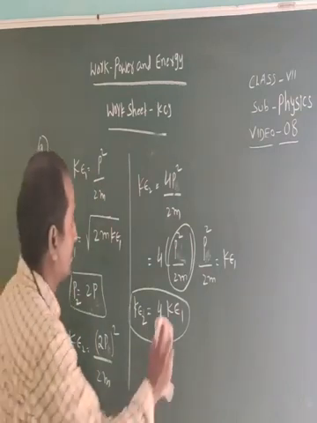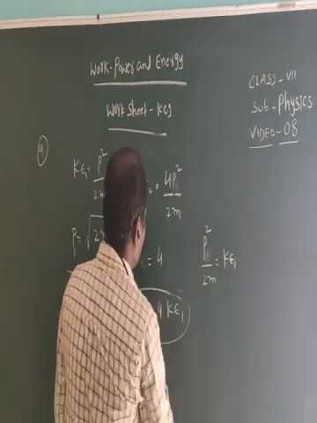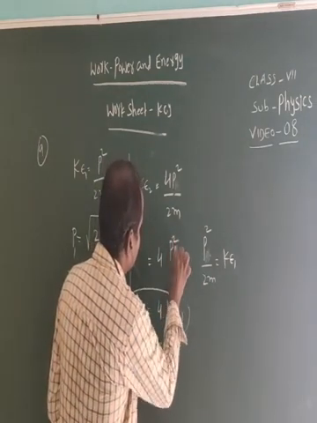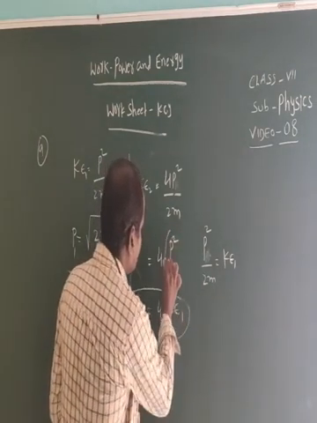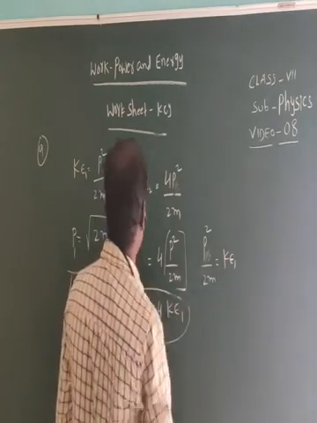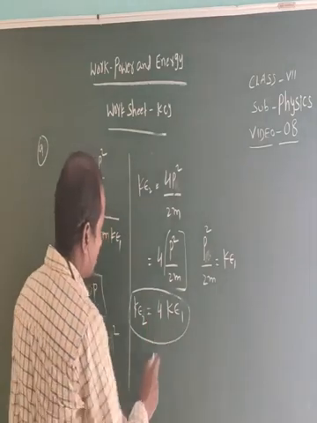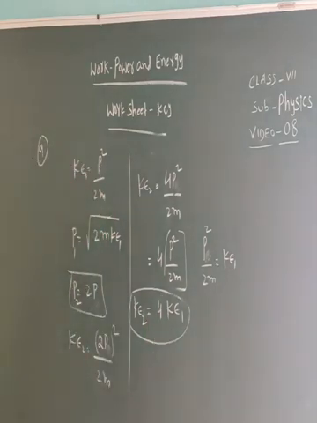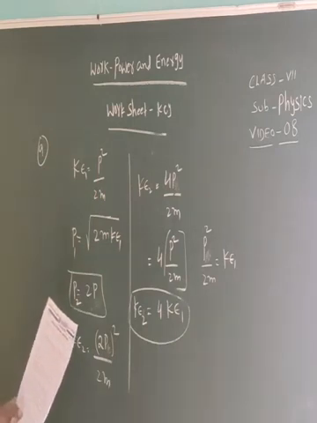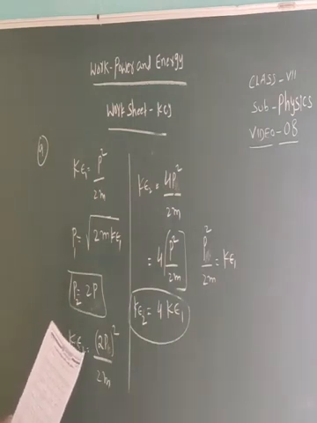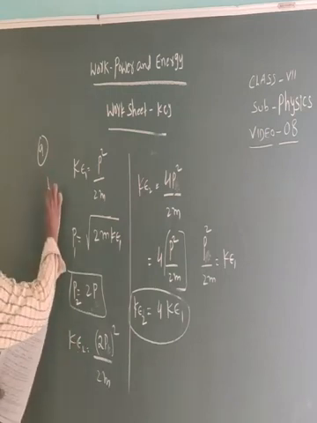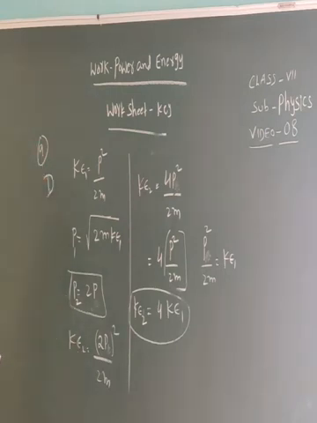P1 square by 2m equals K1, so K2 equals 4 into K1. When the momentum of a body is doubled, the kinetic energy becomes 4 times, K2 equals 4K1. So option D is the answer. Okay, so that is the process.